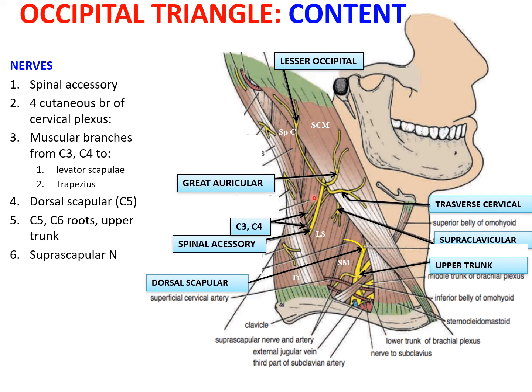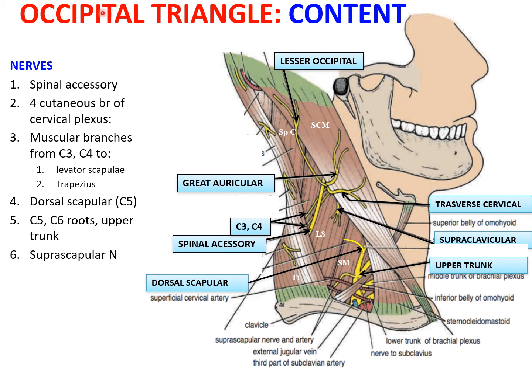So these 4 cutaneous branches of the cervical plexus also form the contents of the occipital triangle before becoming cutaneous. Then the next nerves you will come across here are the muscular branches from C3 and C4 to levator scapulae and the trapezius.